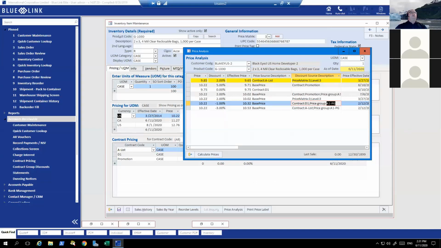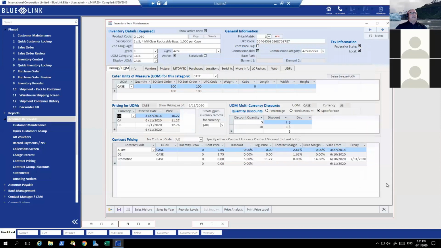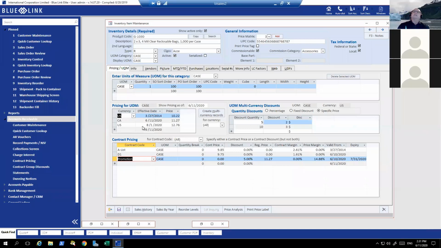So in a contract price, as an example, if this is a promotion and I've associated a customer to get promotion pricing for specific products, but this is going to expire on the 31st, then on the 1st of August this promotion would no longer be valid, and therefore the analysis would be looking at other contracts or specific pricing for that particular customer.